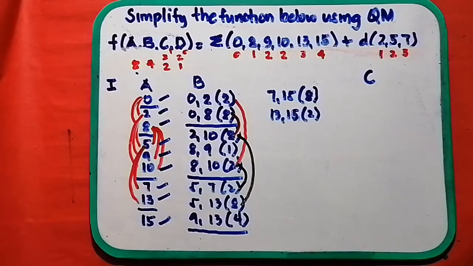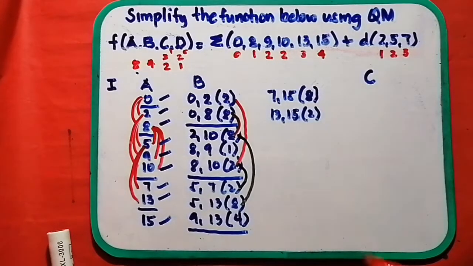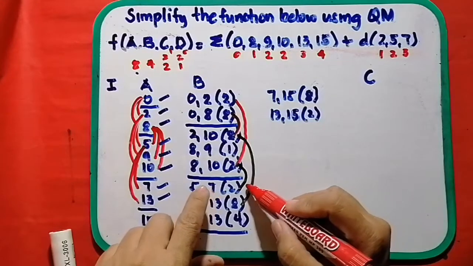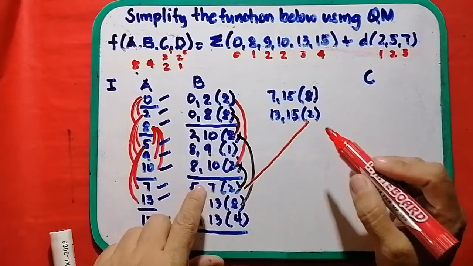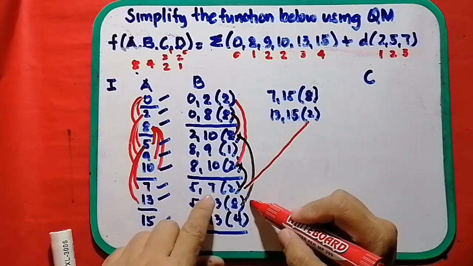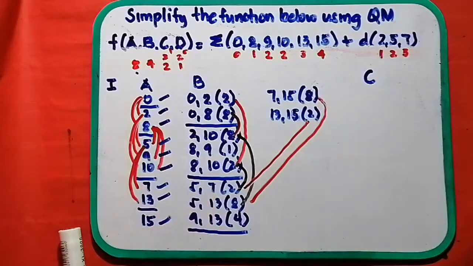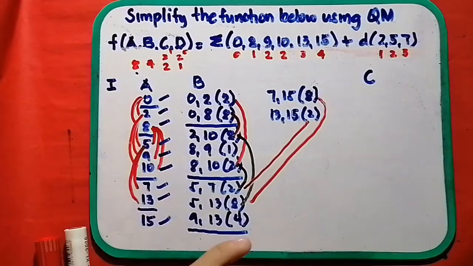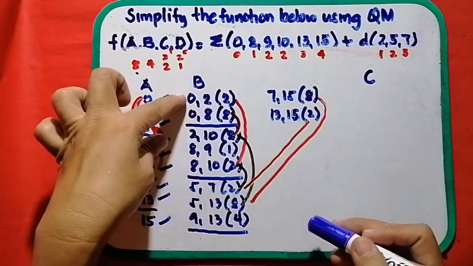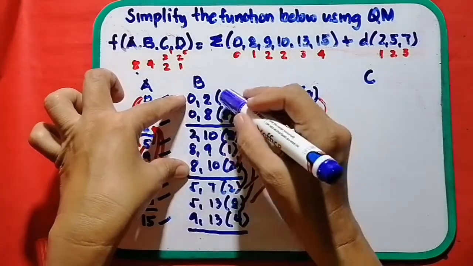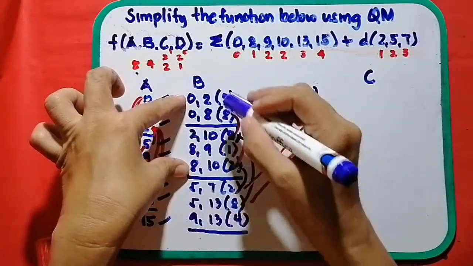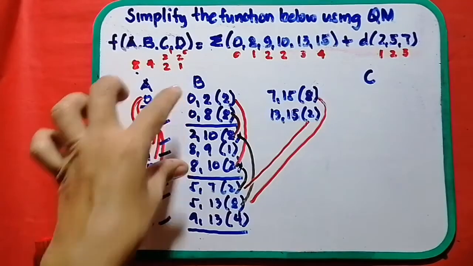Next, we have 2 here, so you can only compare it with the 2 there, and 8 here.